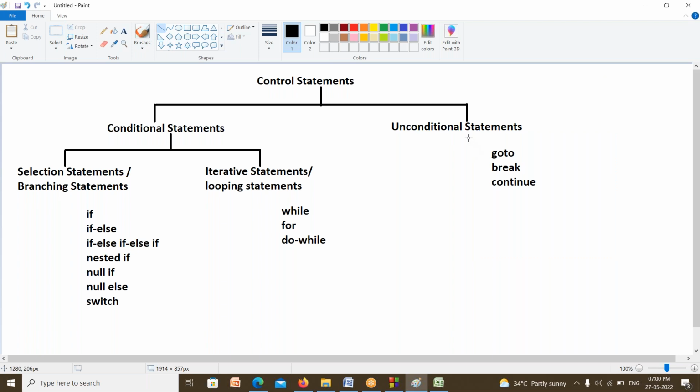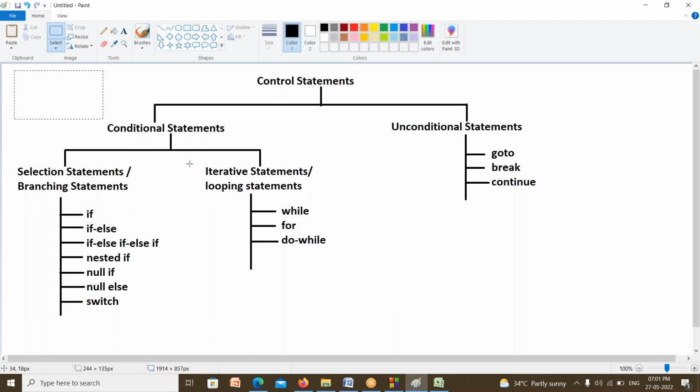So it is break, goto and continue; it is while loop, for loop, do while; it is if condition, if else, if else if, nested if, null if, null else, and switch.